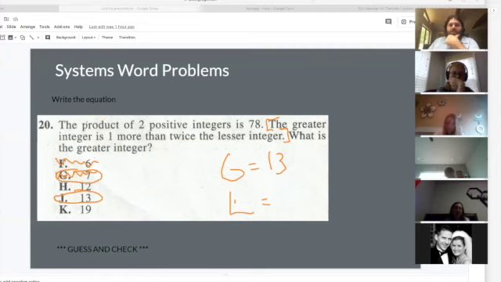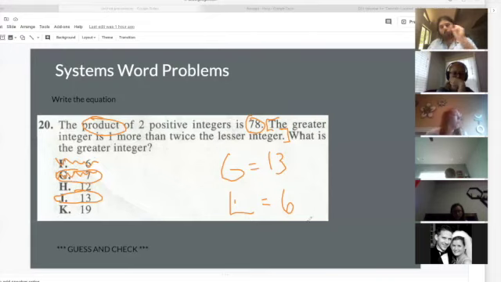The product of these two numbers should be 78. So you can use that. What number times 13 is 78? Hang on. 6. Okay. Now, is that also true about this? Is the greater integer one more than twice the lesser integer? Is that still true on that one?